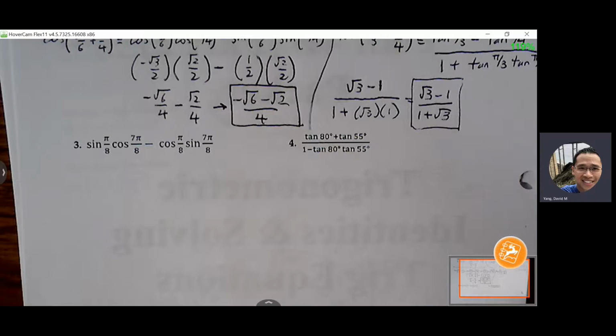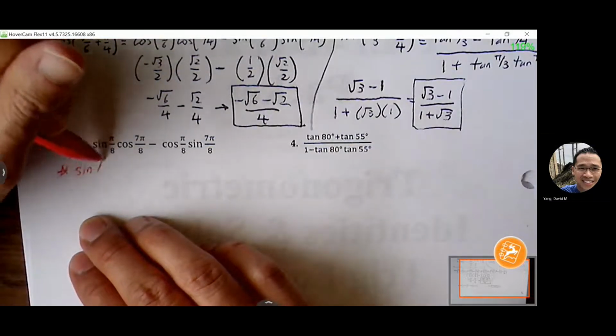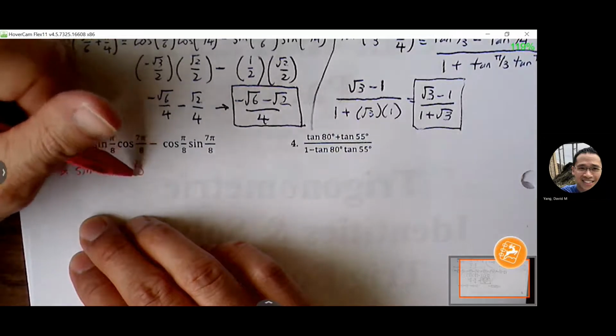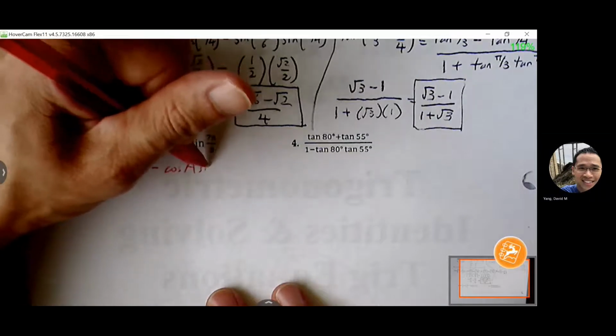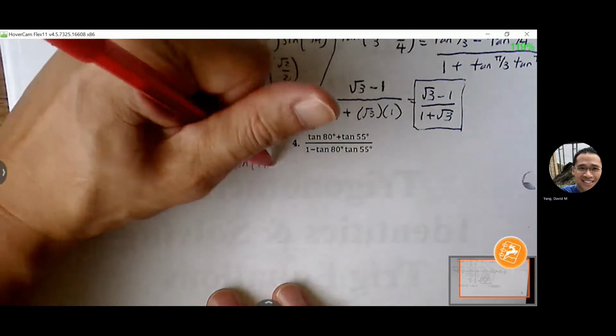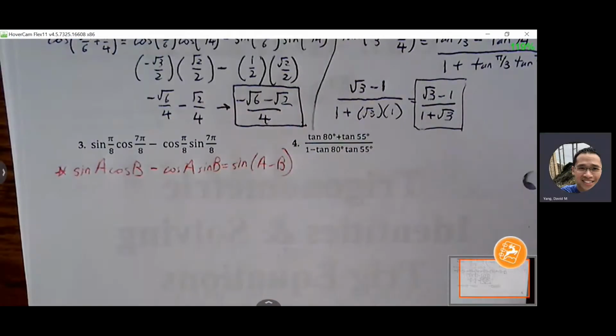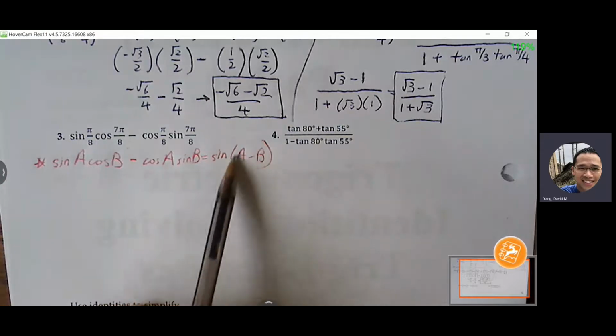This is the one for sine of a minus b, right? Okay, replace the a. Well, it looks like our a is just π/8, our b is 7π/8.